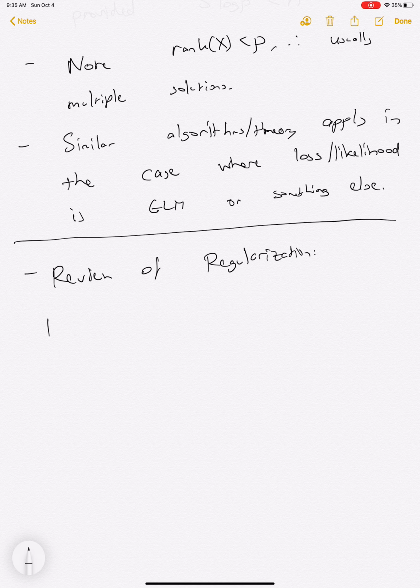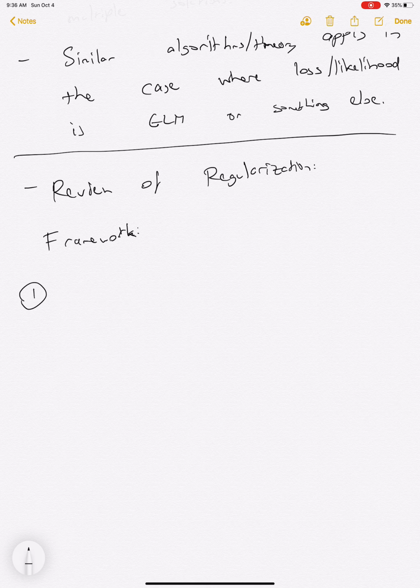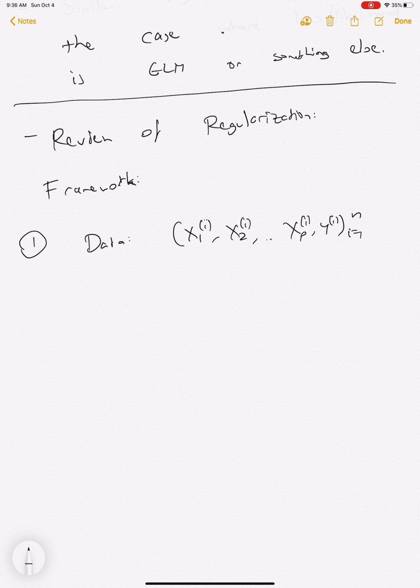So remember that in our framework, we have our data, this typical supervised data here.